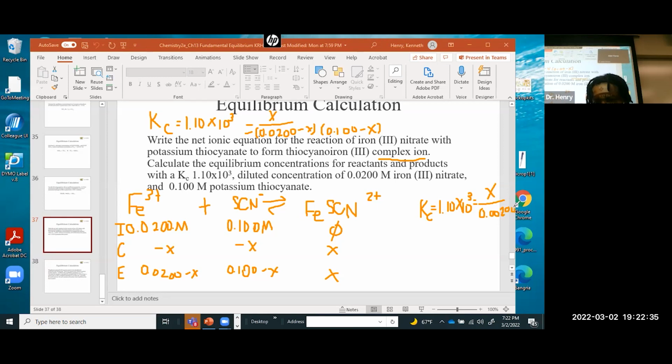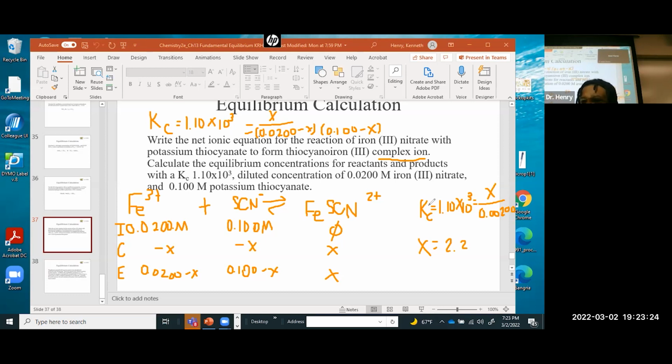So if we solve for X, we have X equals 1.100 times 0.002. X equals 2.2, right?